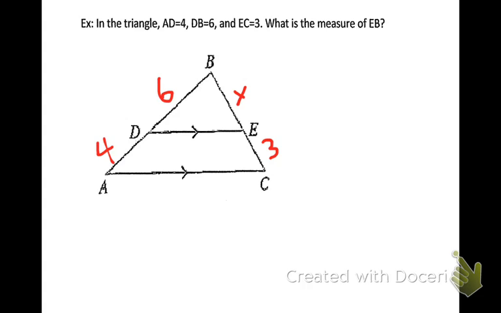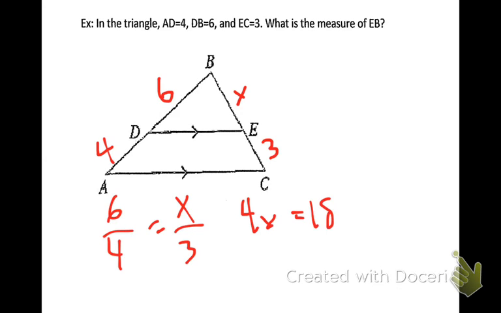Yeah. 6 over 4 equals X over 3. Cross multiply. 4X equals 18. X equals 18 over 4, which is 9 halves, which is equal to EB. That's what we had to find.